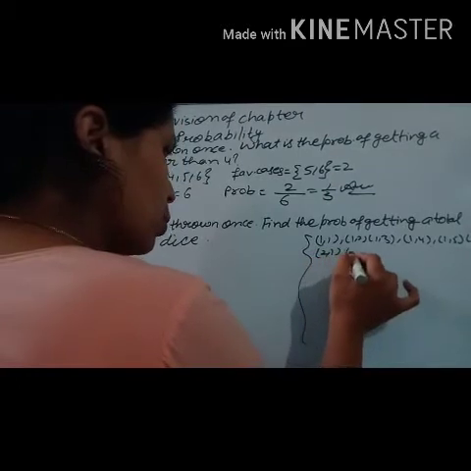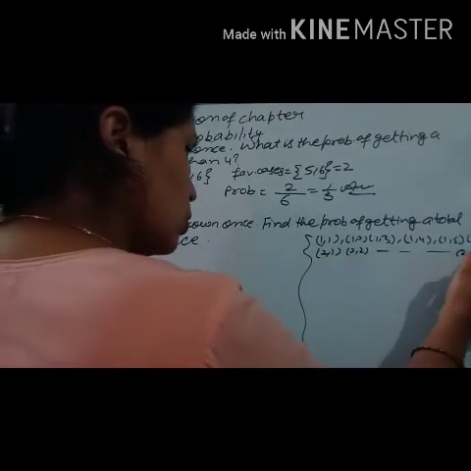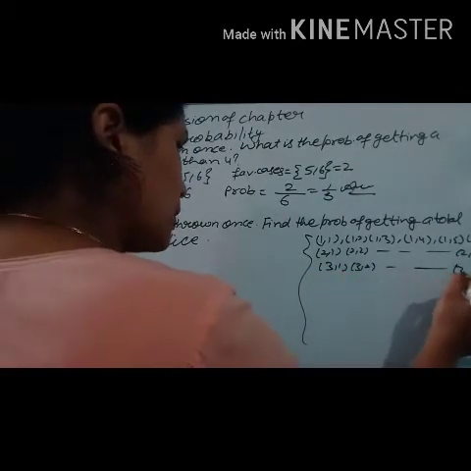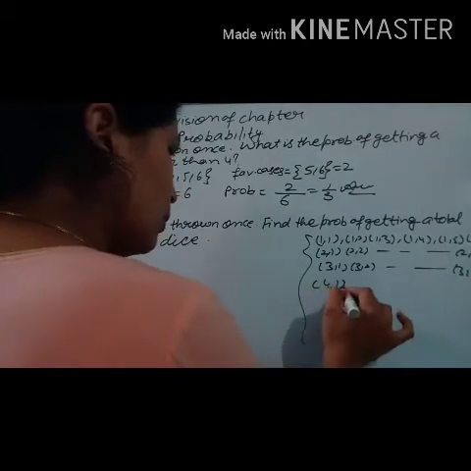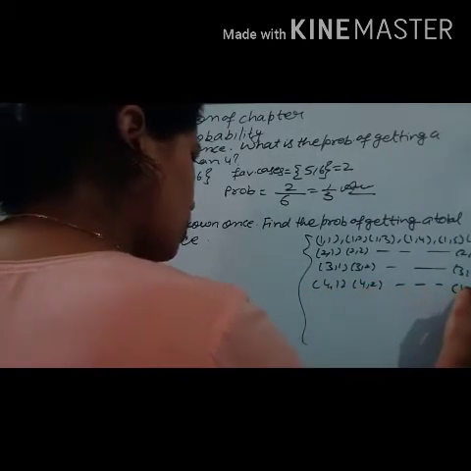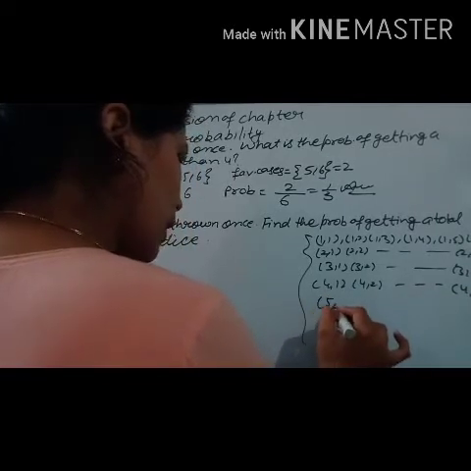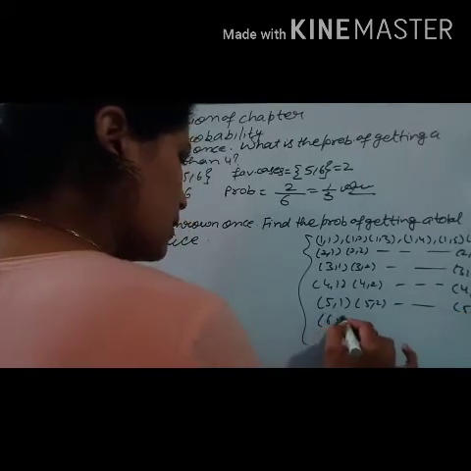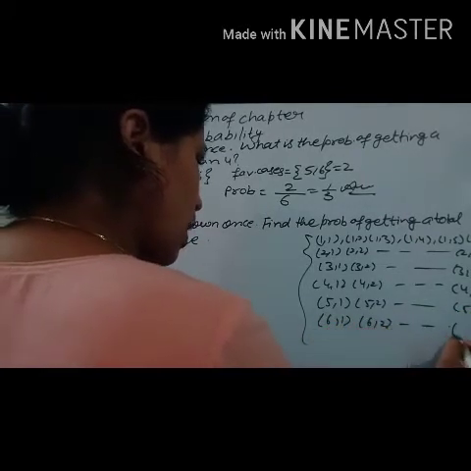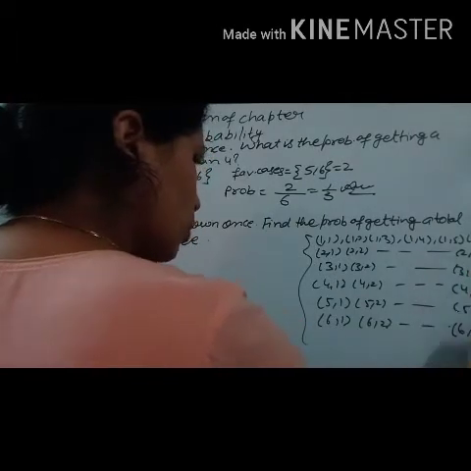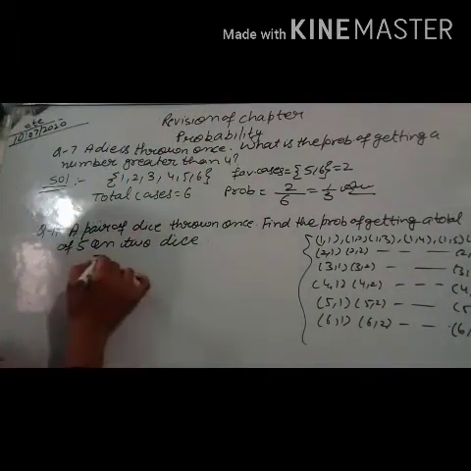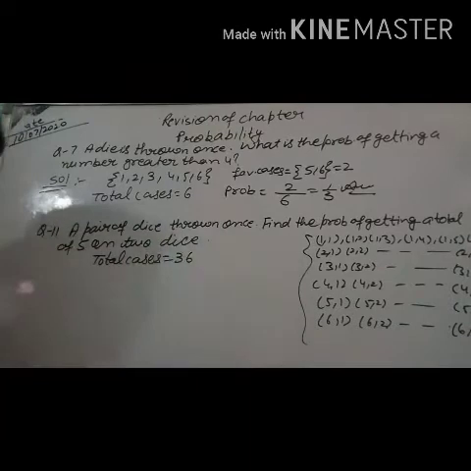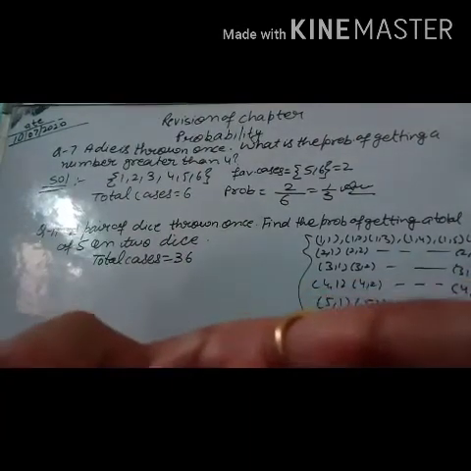Next, similarly 2 1, 2 2 up to 2 6, 3 1, 3 2 up to 3 6, 4 1, 4 2 up to 4 6, 5 1, 5 2 up to 5 6, then 6 1, 6 2 up to 6 6. So how many total cases do we have? Total cases is equal to 36. So these 36 cases are the total cases.